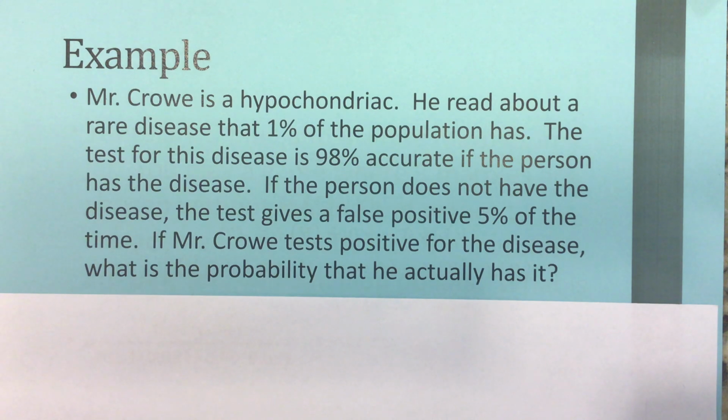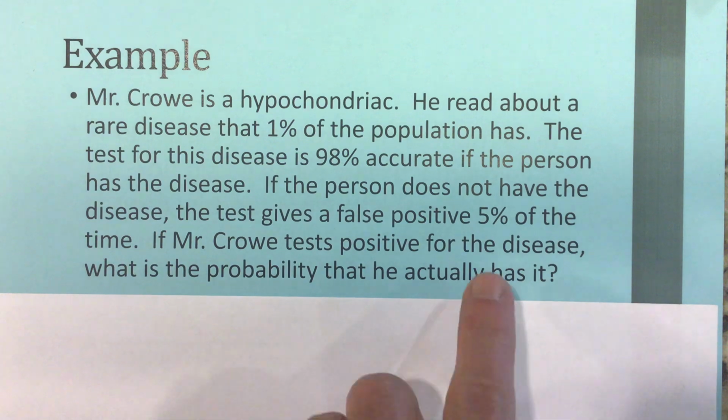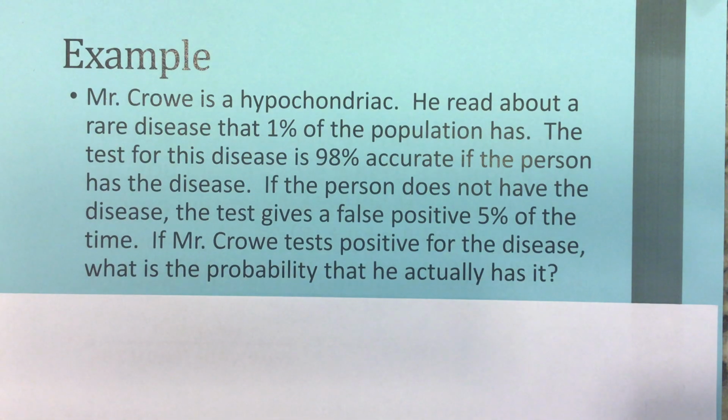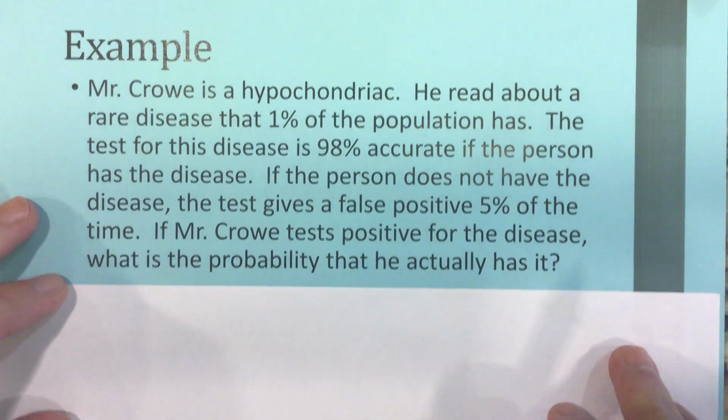Now, if I run out and get tested and I don't have the disease, there's a false positive 5% of the time. Okay, so I run out there, I get tested, I test positive. Oh no. What's the chance I actually have the disease, right? Because it could be that I landed in that false positive region.